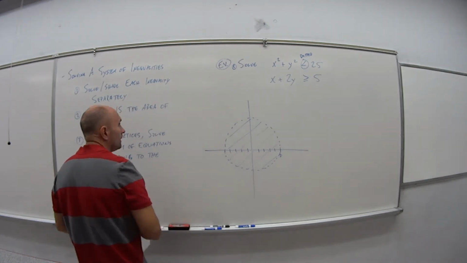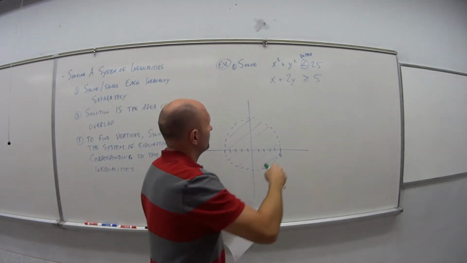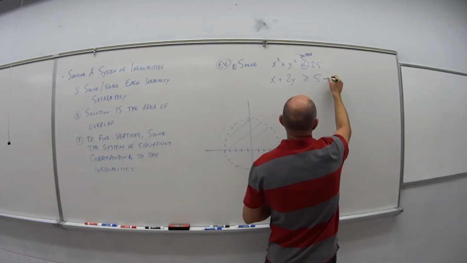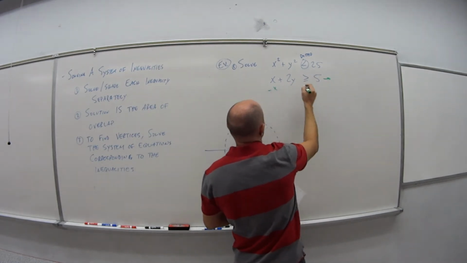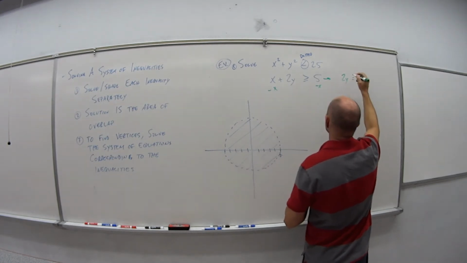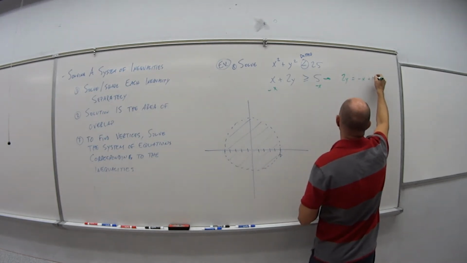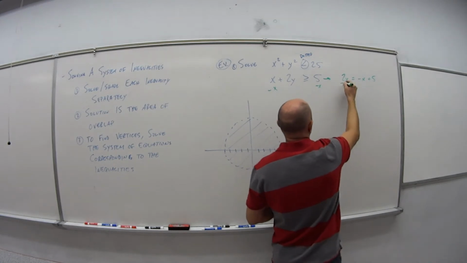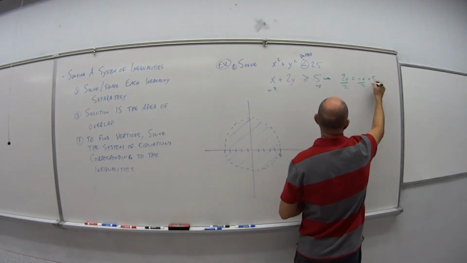Now, for this one, it's a line, so I'm going to solve for y. So if I subtract x from both sides, I get what? 2y is equal to negative x plus 5. So divide everything by 2.